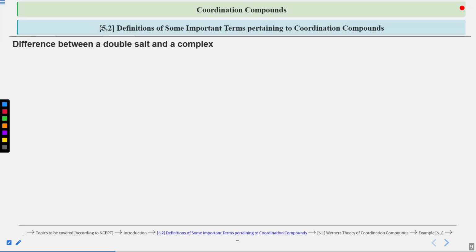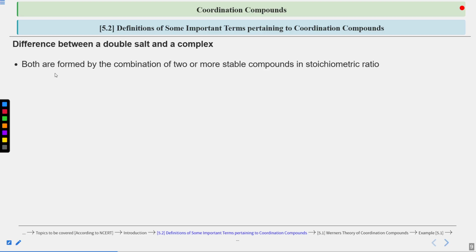So let's move to our first section, 5.2, definitions of some important terms pertaining to the coordination compounds. Let's see the difference between a double salt and a complex. Double salt and complex both are formed by the combination of two or more stable compounds in a stoichiometric ratio.